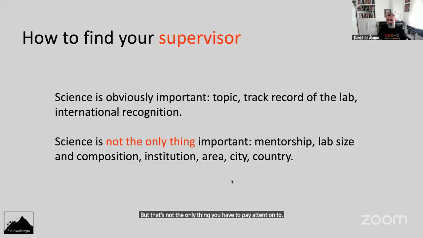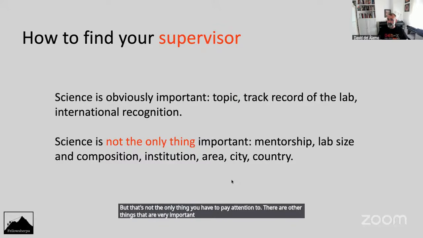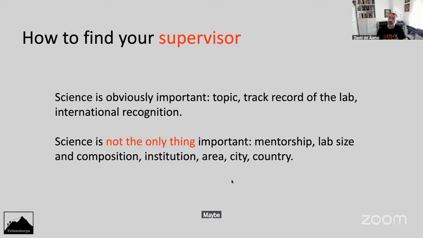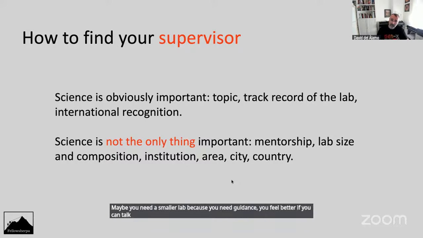There are other things that are very important, like the mentorship ability of your future PI and the lab size, whether the lab is very small or very large. Maybe you want a very large lab because you're going to be totally independent, and that's good for you. Maybe you need a smaller lab because you need guidance, and you feel better if you can talk to your boss every day. That's a personal decision you have to make.